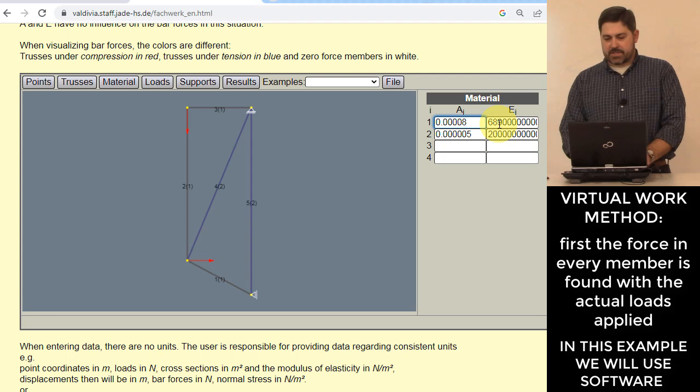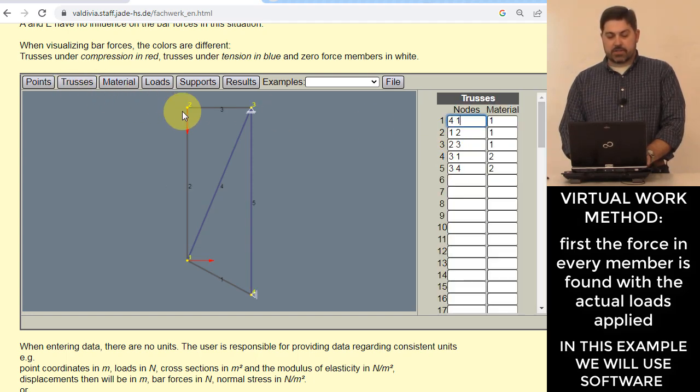I believe it was 68.9 GPa for one of them, and 200 GPa for the other one, okay? Notice these have index numbers to basically describe what material we have for each one of the members that makes up the truss. I usually do this step first before I go and do this step, where I essentially will connect the dots just by clicking and dragging, right, in order to create all of the members of the truss.